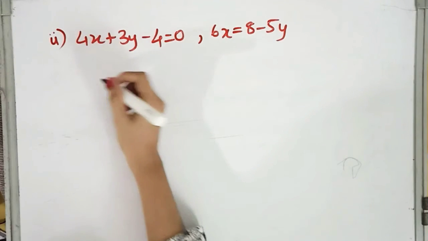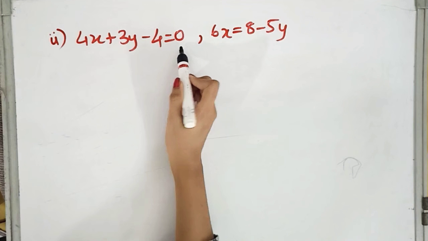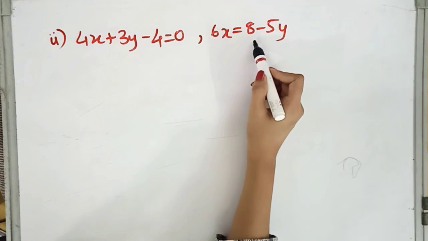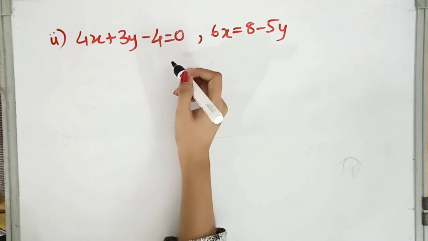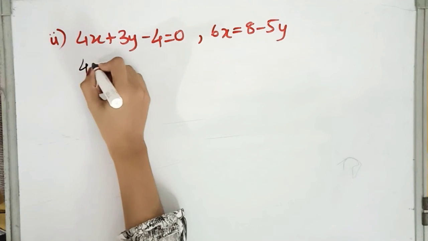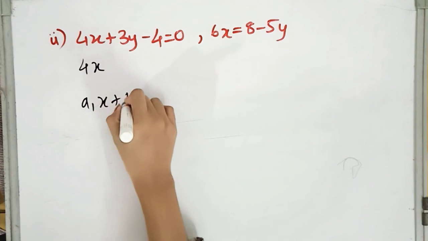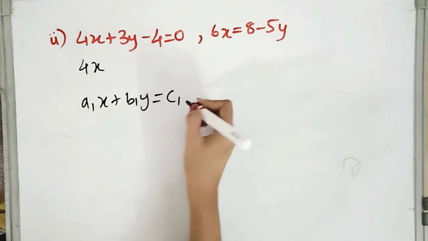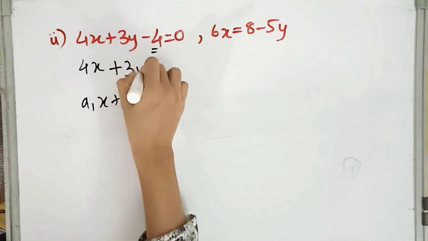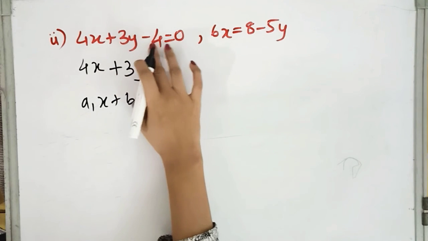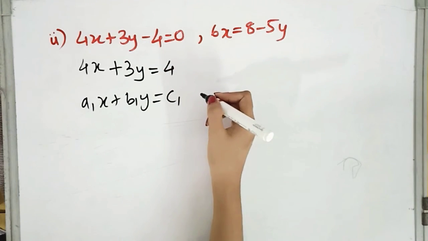Now let's see one more example, that is 4x plus 3y minus 4 is equal to 0 and 6x is equal to 8 minus 5y. Now we have to simplify these equations. First we will make it in the form a1x plus b1y equals c1. We shift the constant to the other side, so this will be 4x plus 3y equals minus 4, and the constant becomes plus 4 on the other side.